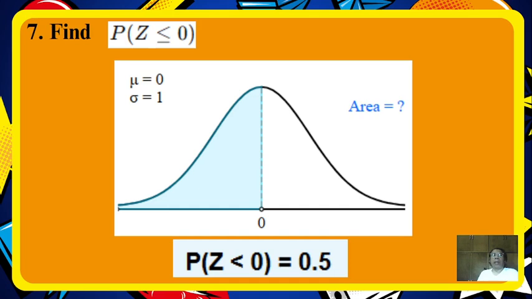Using our math portal, the answer is 0.5. And you'll see that the shaded area is half of the bell shape. We know that the area under the bell shape is 1.0. So half of 1.0 is 0.5.